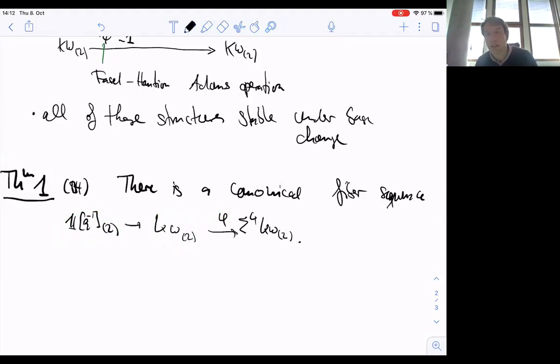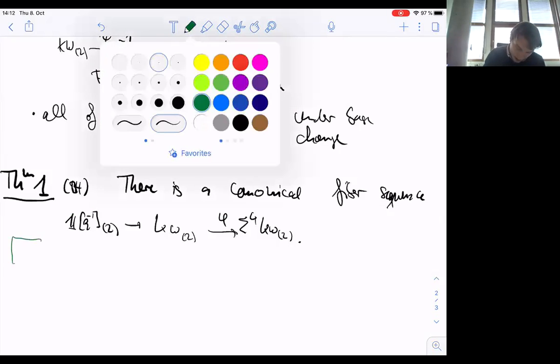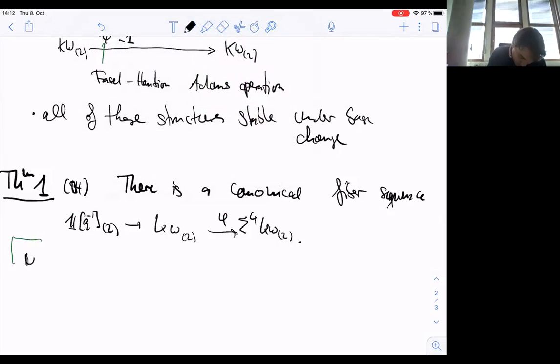Let's see. Right, so let me interject a parenthetical remark: why is this localization at 2 here? Well, A, because that's how we can prove something, but why is this not such a big deal?